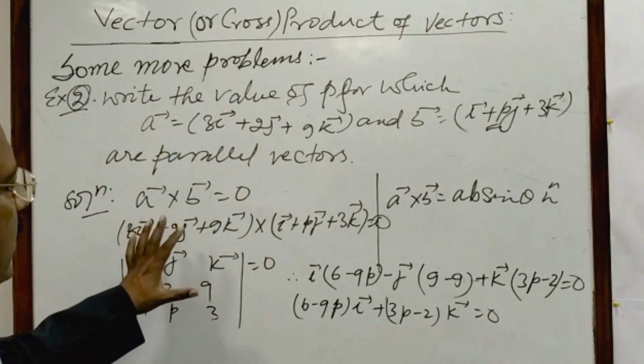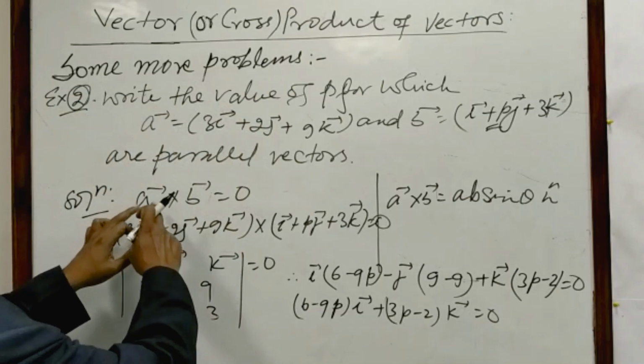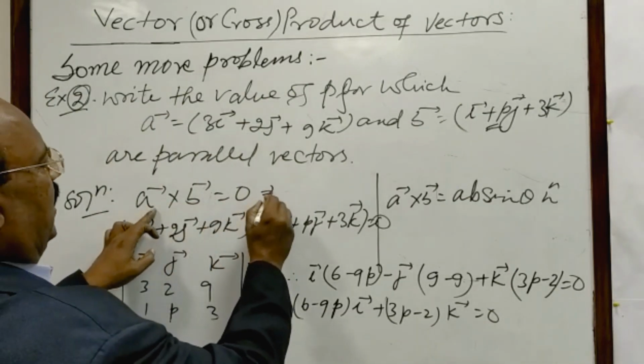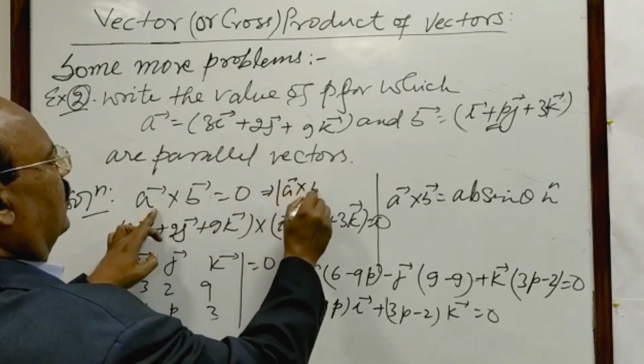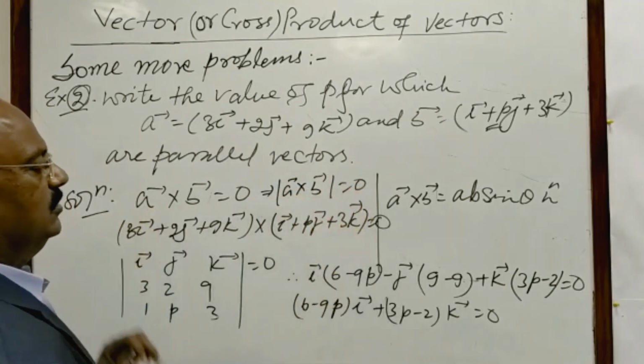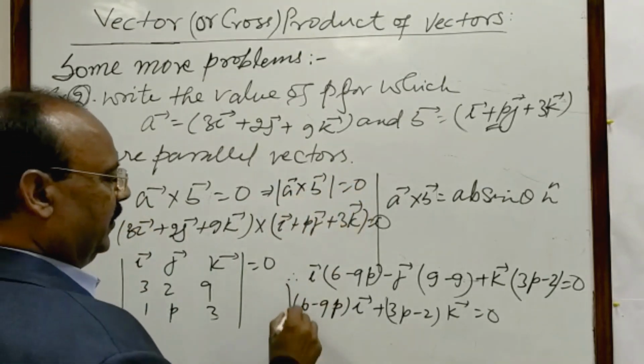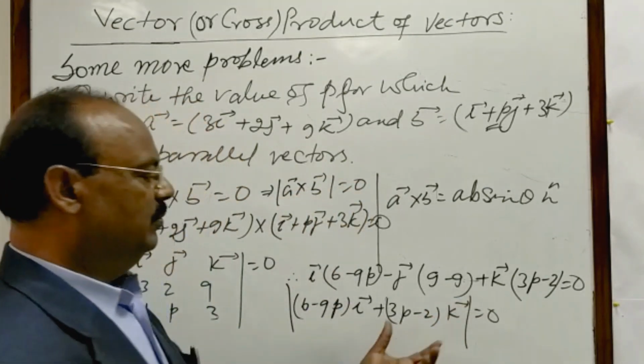Now it is clear that a cross b is 0, this implies that the magnitude of a cross b will also be 0. So the magnitude of this vector will be 0.